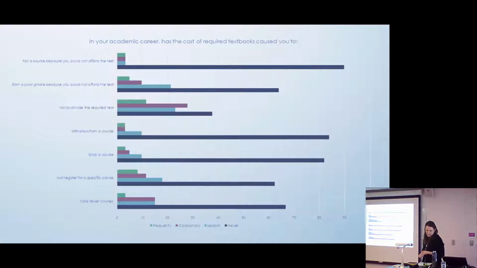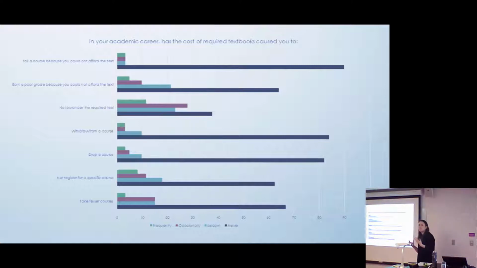For not purchasing the text, the frequency is 11.5%. So 1 out of 10 students say they frequently don't purchase the text for their class. About 30%, 27.9, said I occasionally don't purchase the text for my class. So for about 40% of our students, they're fairly regularly not buying textbooks for their class.